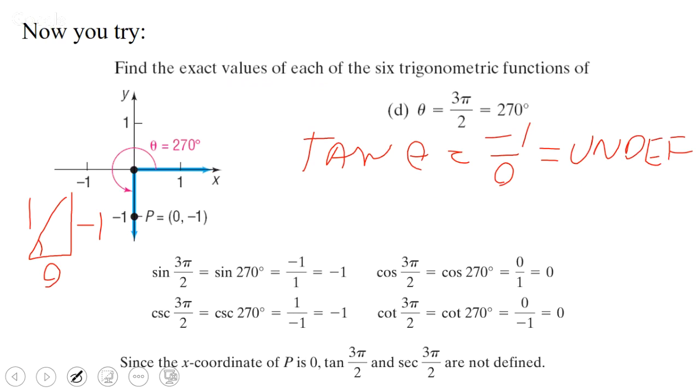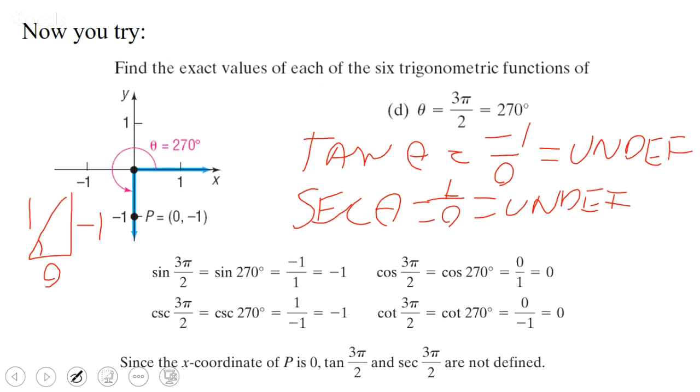The reciprocal of cosine is secant, which gives me 1 over 0 again, which is undefined. And then we have cotangent, 0 over -1, which is still 0. So there's your 6 trig functions.